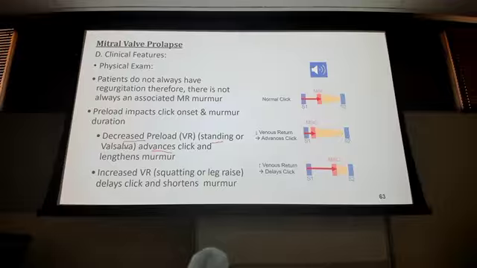If I increase my venous return, so I'm increasing my preload by squatting or doing leg raises, what happens is now I have all this extra volume in the ventricle, which means, because of that stretch, I'm putting more strain and counter resistance to those leaflets to billow back.